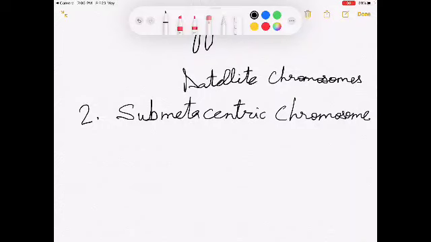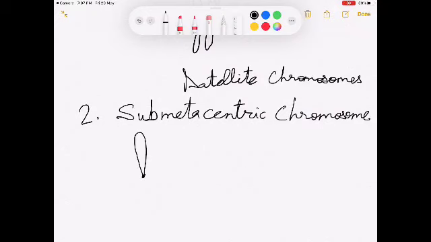In this case, the centromere is lying a little bit above the center, a little bit upward of the center. So you can see the two arms of the chromatid will be unequal. One is a little bit smaller and the other one is larger. We can make it like this. This is the centromere.